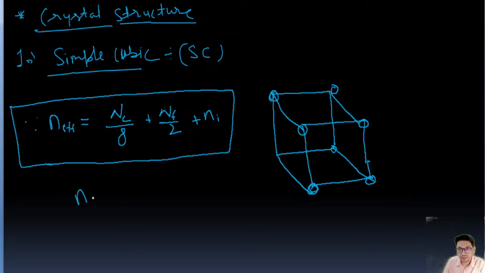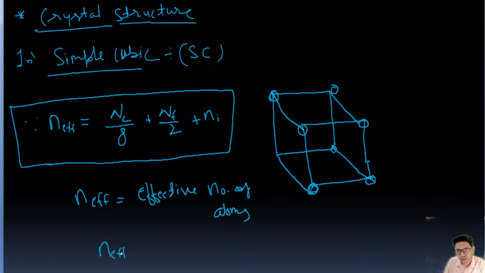This is the formula for simple cubic. The n effective, the effective number of atoms, is going to be this one. There are 8 atoms in the corner, right? So nc upon 8 means 8 upon 8, so this is going to be 1.